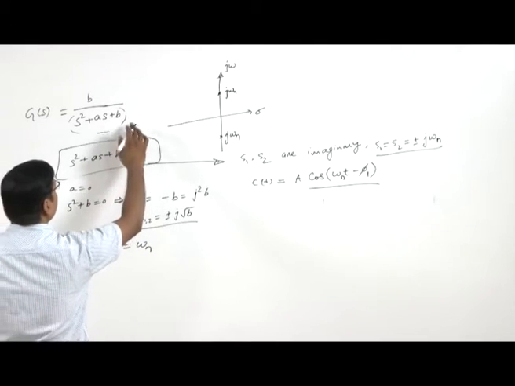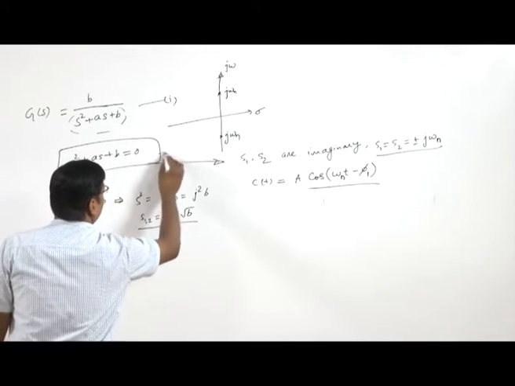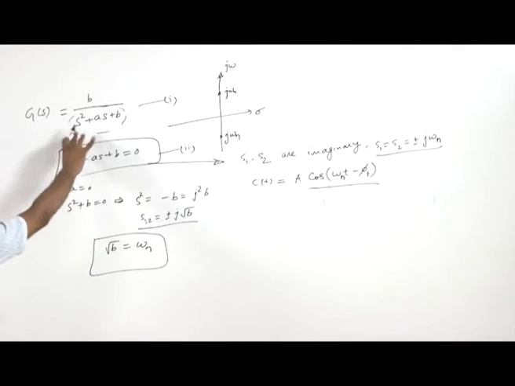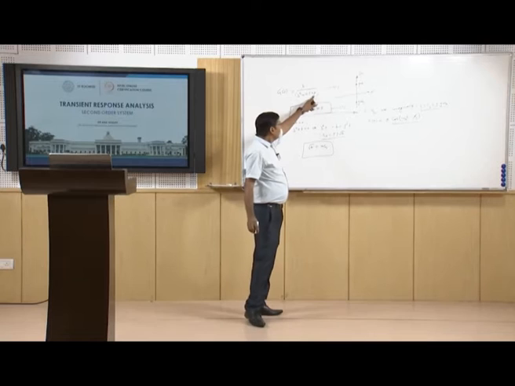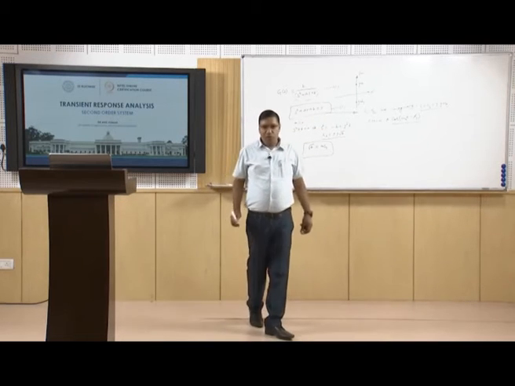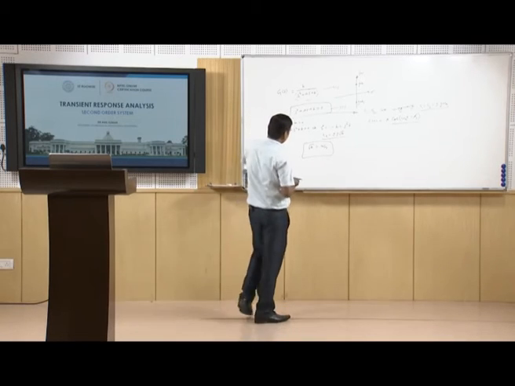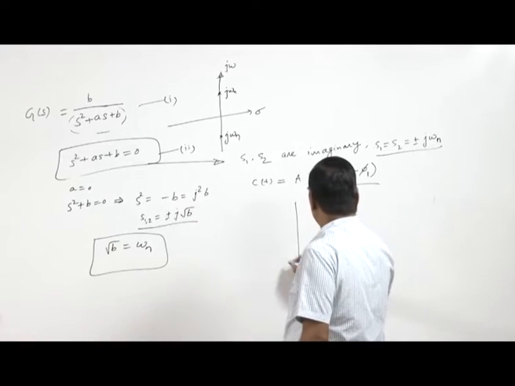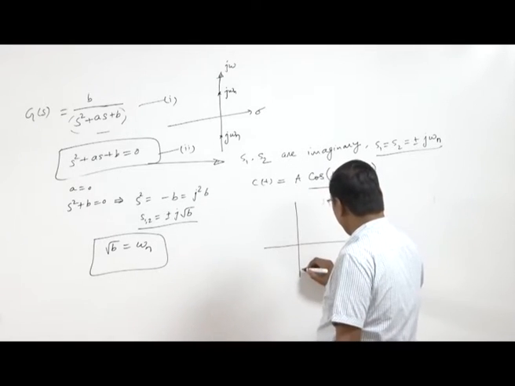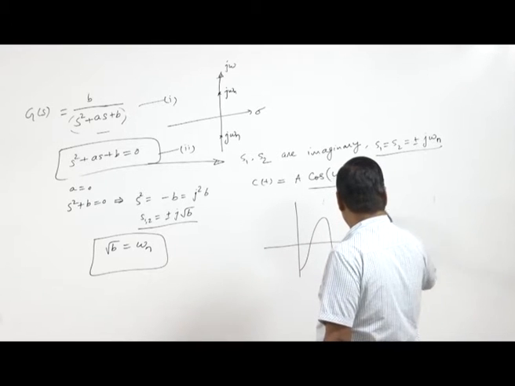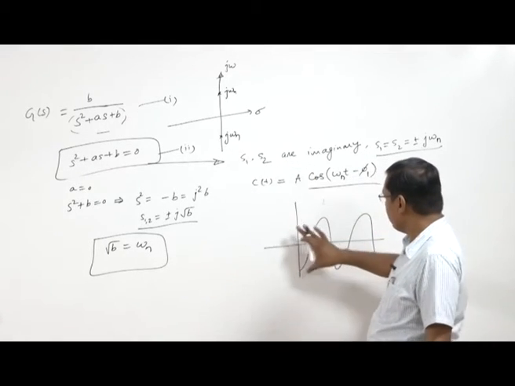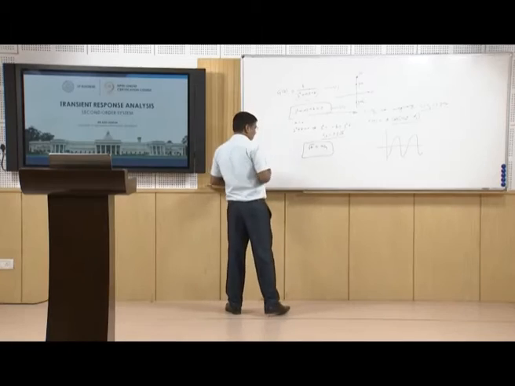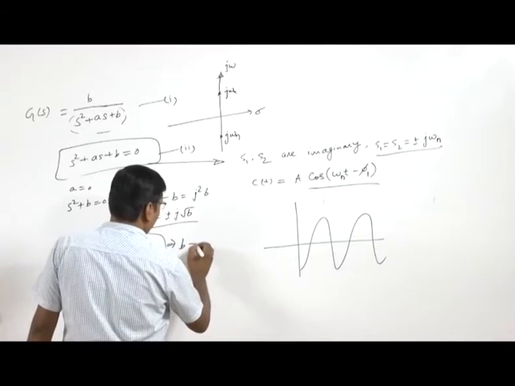If we link this equation to a transfer function of this kind, the constant term gives you the natural frequency of the system when the poles are on the imaginary axis, and the system will have oscillations with natural frequency omega n, or we can say b equal to omega n square.